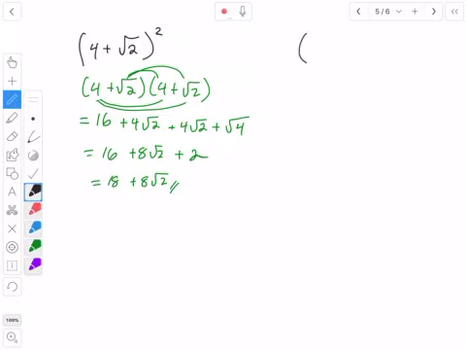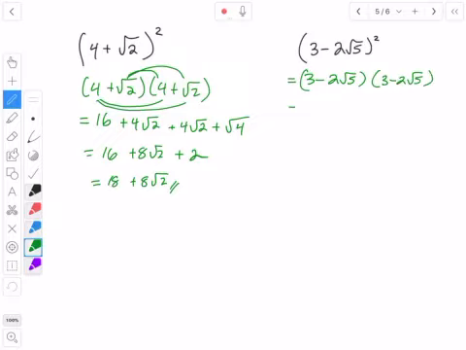And the last one that I want to see is something similar to that one. 3 minus 2 square root of 5 squared. So again, this is 3 minus 2 square root of 5 times 3 minus 2 square root of 5.